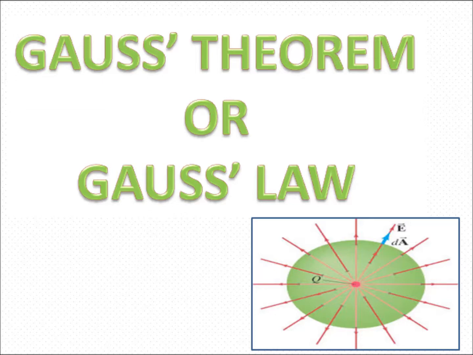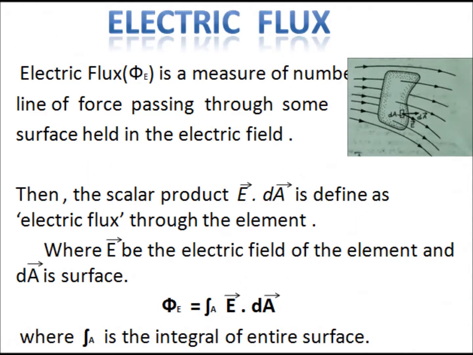So let us discuss, starting with the definition, that the electric flux is the measure of the number of lines of force passing through some surface held in the electric field.